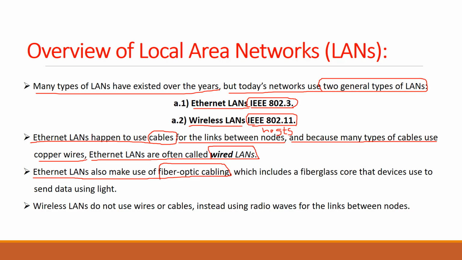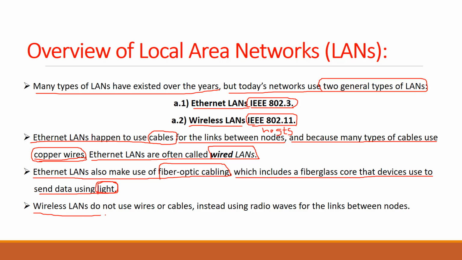So we have here copper wires or fiber optic cables, which include a fiberglass cord that devices use to send data using light. If you use copper wires, you use electrons. If you use fiber optic cable, you use light inside the fiber optic cables.